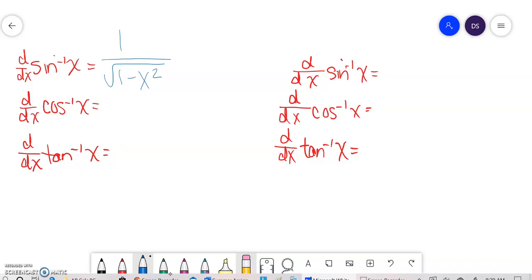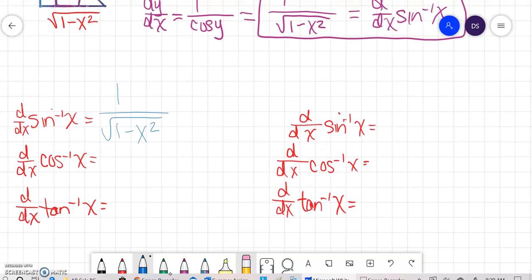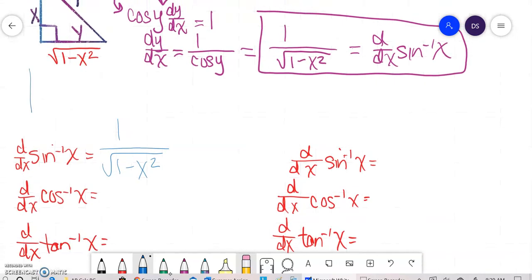The derivative of inverse cosine would actually be found by doing the same thing. Just so you get a grasp of this, I would let the cosine of y equal x, where cosine is adjacent over hypotenuse. And then this missing side would be my radical 1 minus x squared.